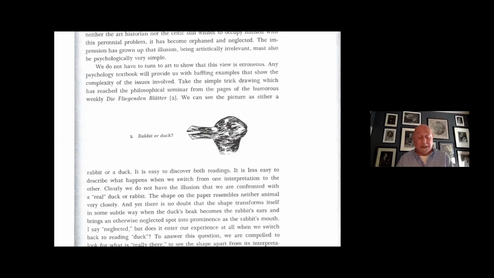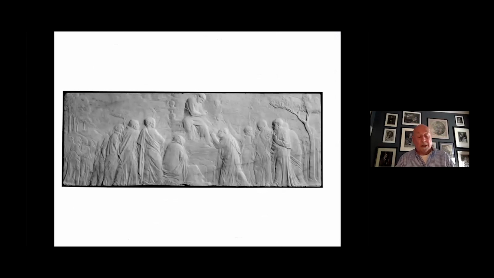This issue is, however, directly addressed by Podro in his subtle analysis of Donatello's Ascension and Christ Giving the Keys to St. Peter, attending in particular to the notion of the plane of the surface and, quote, the continuity of a surface through the array of discrete objects represented on it.